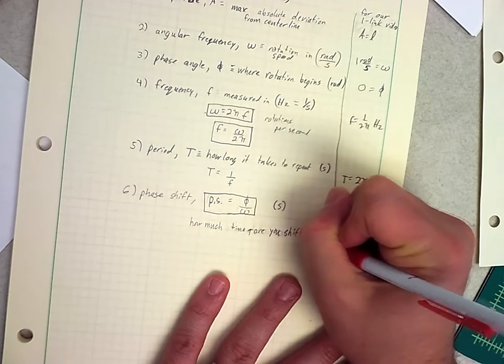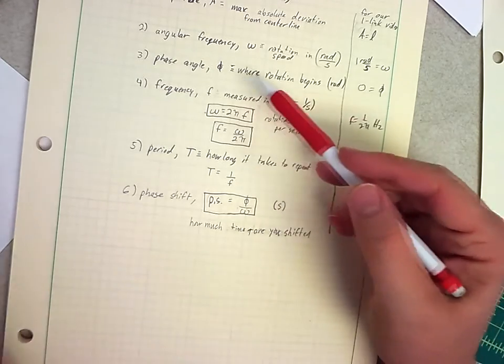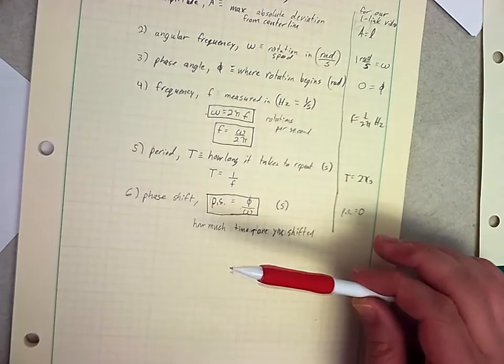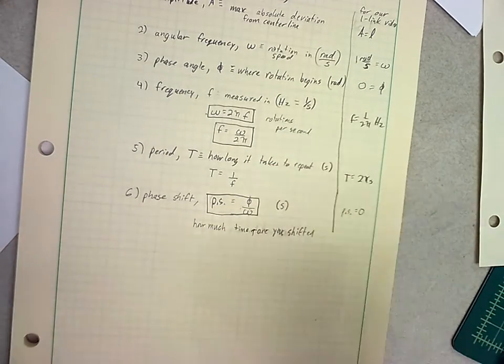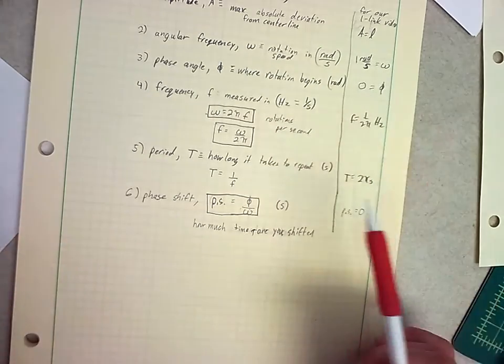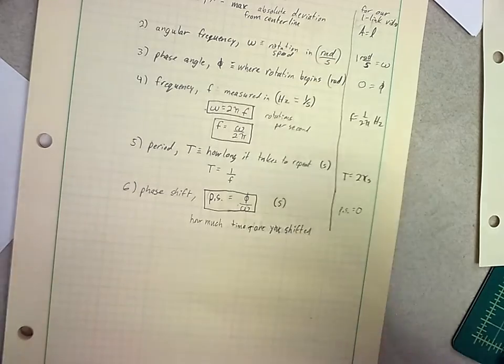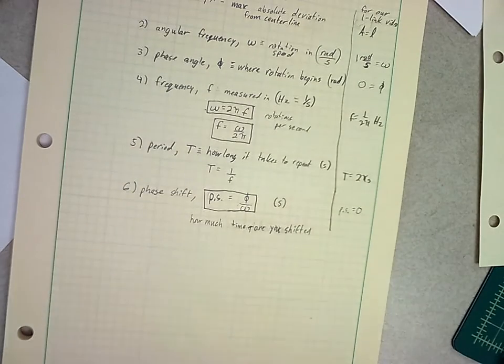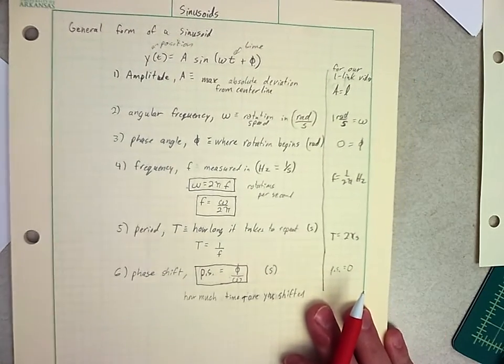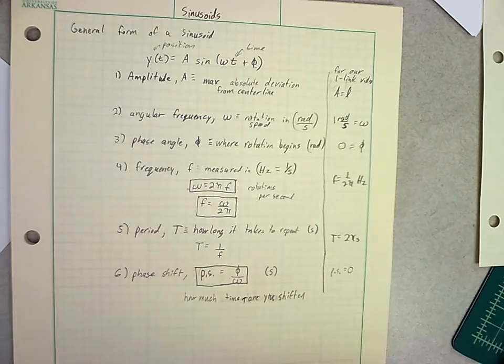Our phase angle tells us that instead of starting at 0, we started at some angle. This phase shift translates that back to, okay, moving at our constant rate omega, how much time would it take to be that? So what time constraint are we on for that? So it's measured in seconds. And those are essentially the 6 factors that we need to know about sinusoids to be able to work them out later.